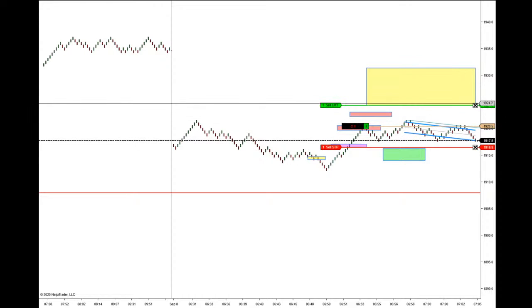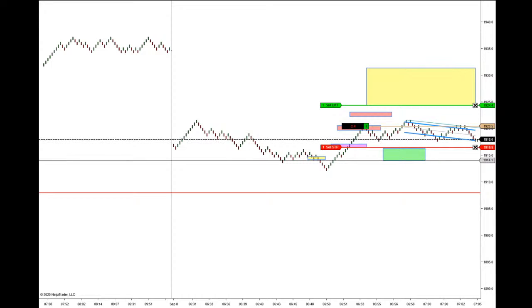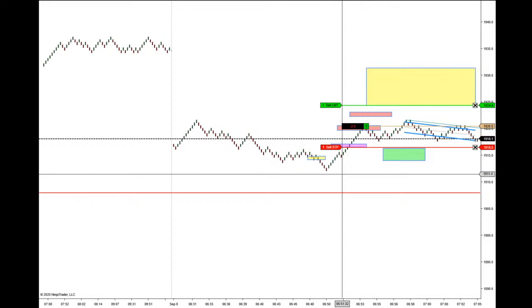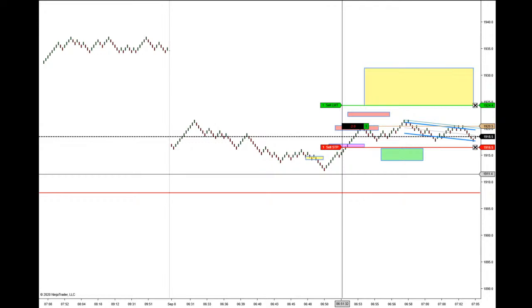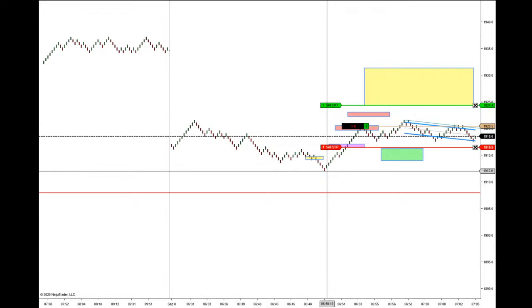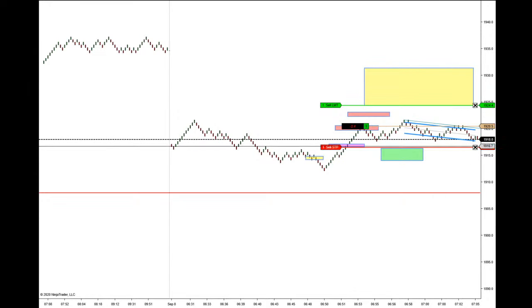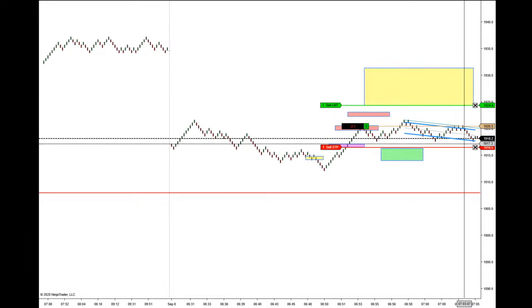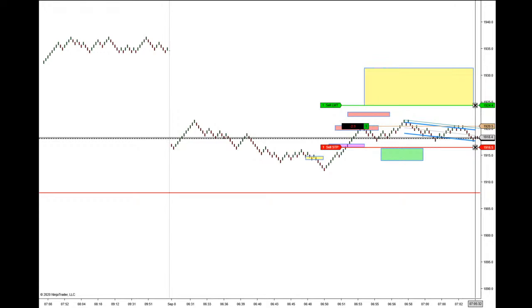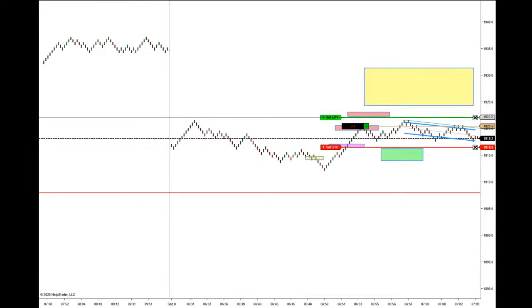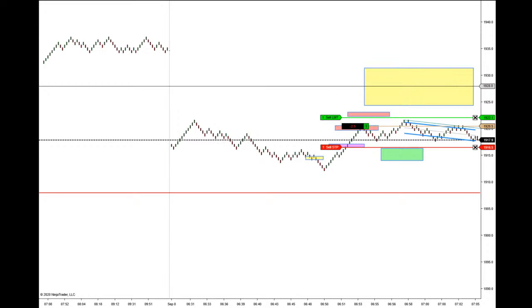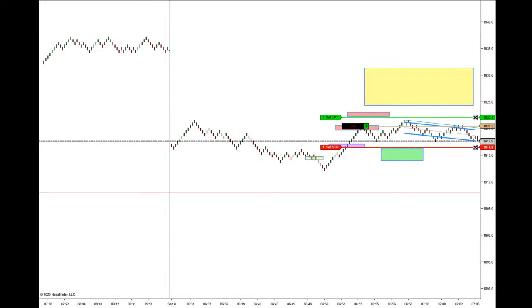If it comes back up, maybe we're golden. I'm going to lower my target to 22.1. Alright, we need to stay above 17.5.